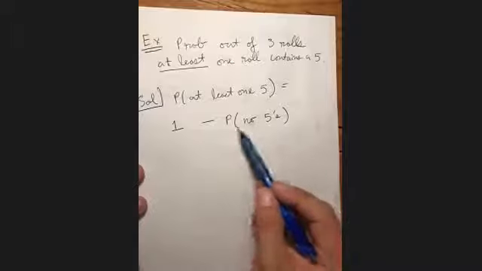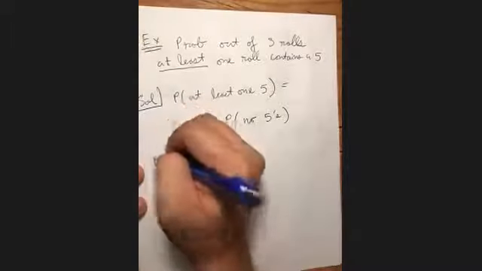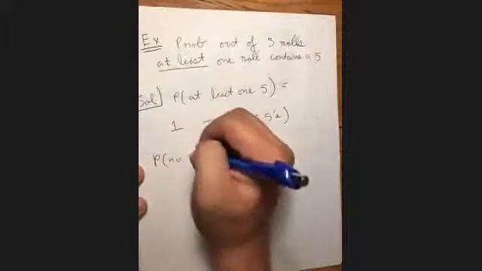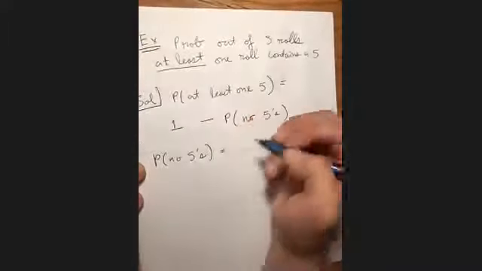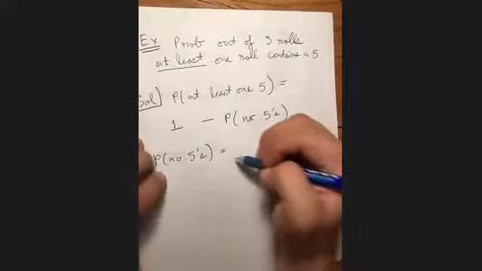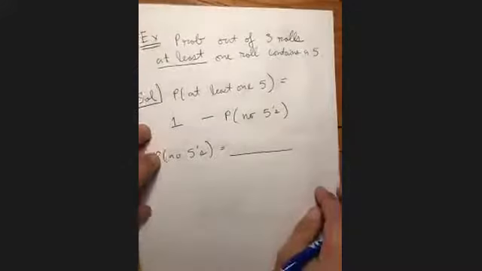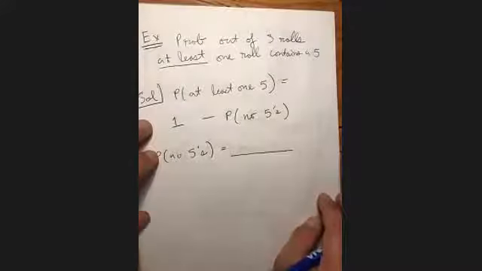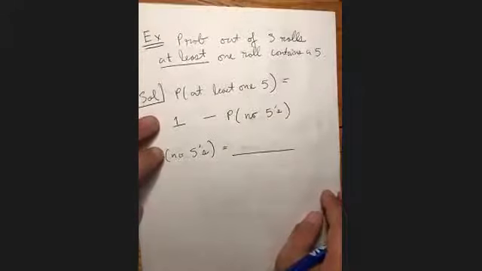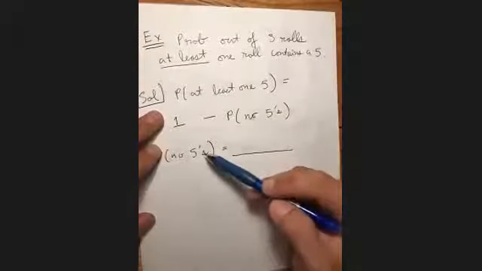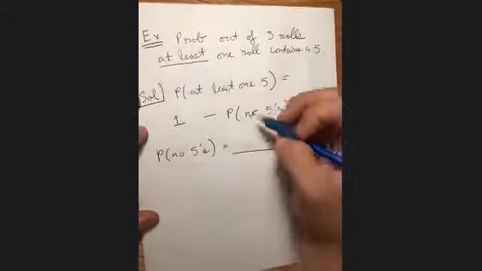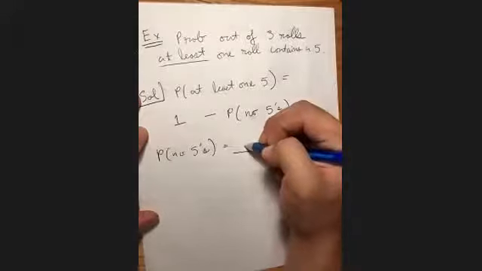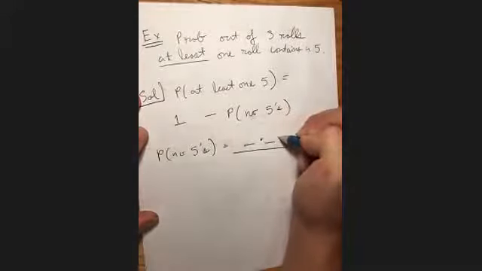How many ways can I not get a 5? I want to figure out P of no 5s. So we're going to use the trick that we learned back in chapter 5. If I want to figure out all the ways that I cannot get a 5 in 3 rolls, then what I really have going on here is there's 3 slots that need to be filled.